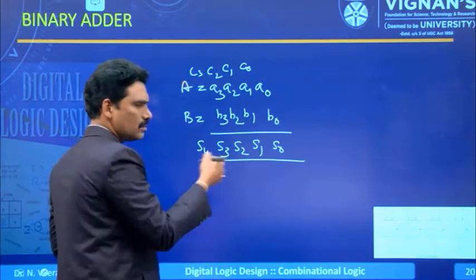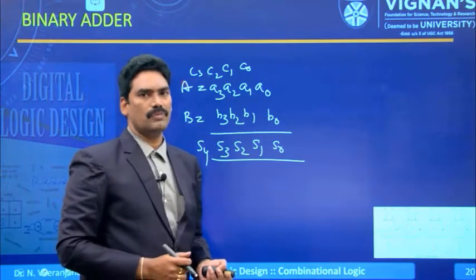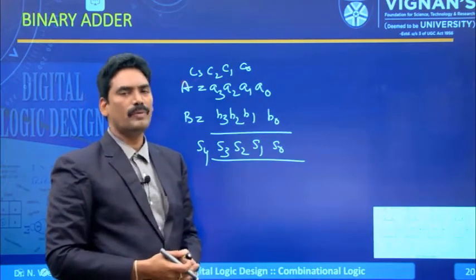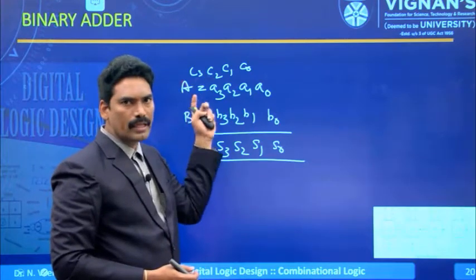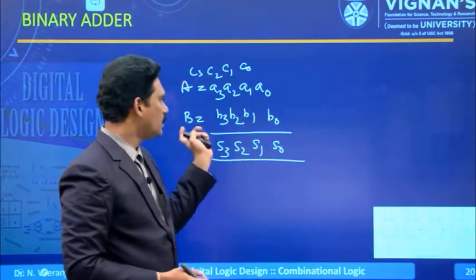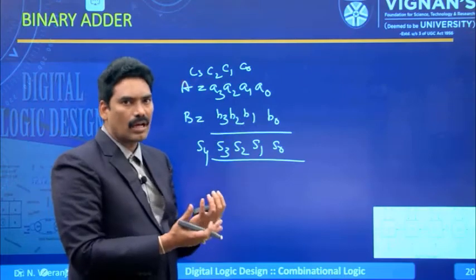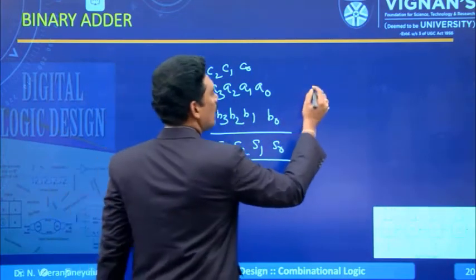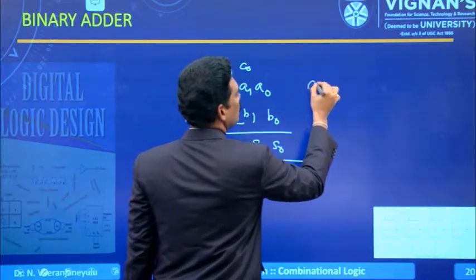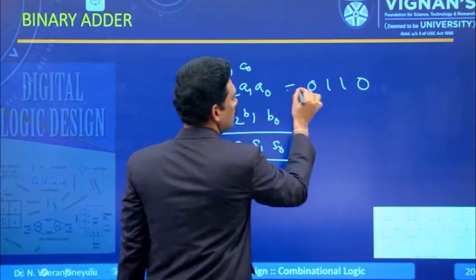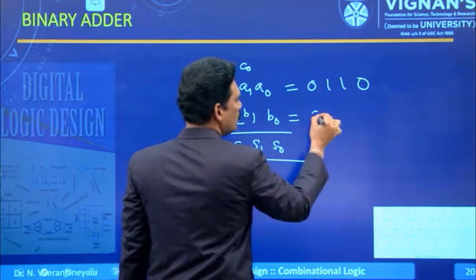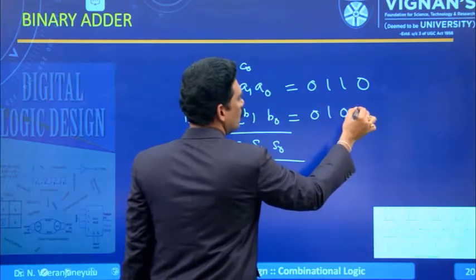These are the naming conventions for the 4-bit binary adder. A is a 4-bit number and B is a 4-bit number. Suppose A is 0, 1, 1, 0, and B is 0, 1, 0, 1.